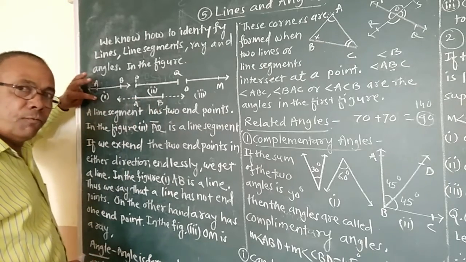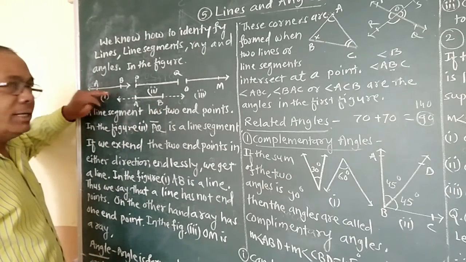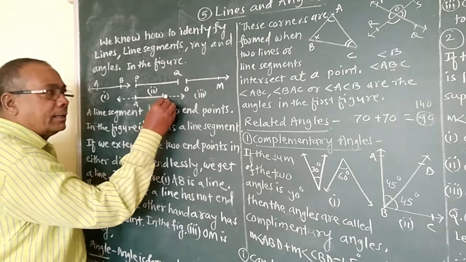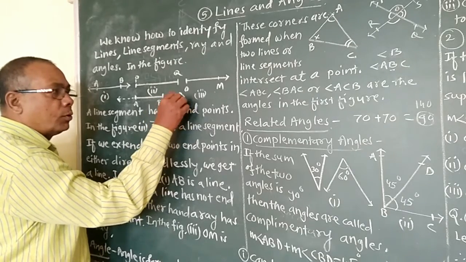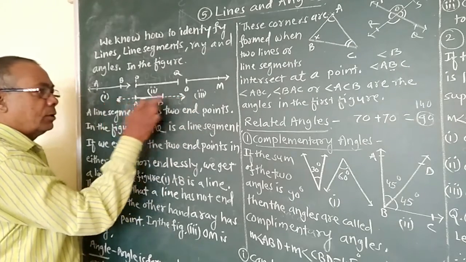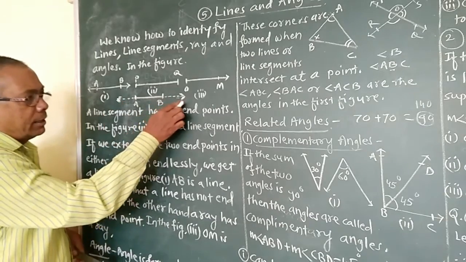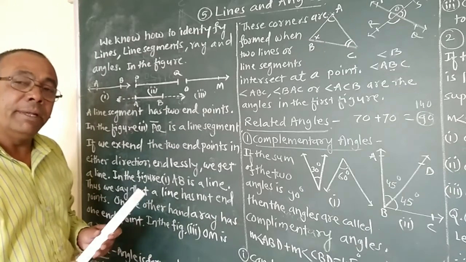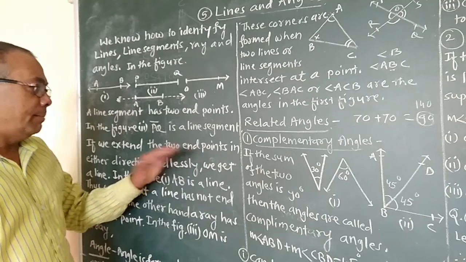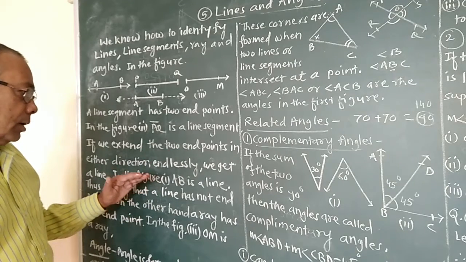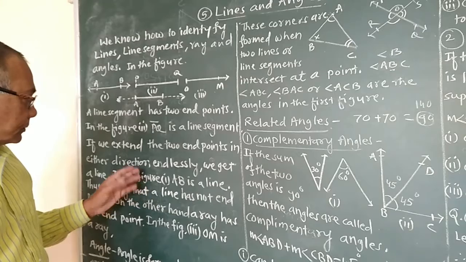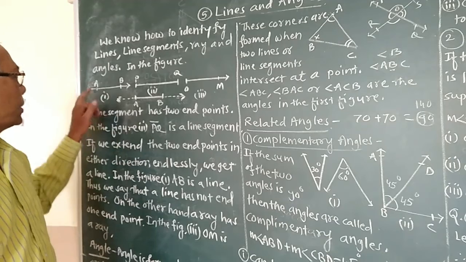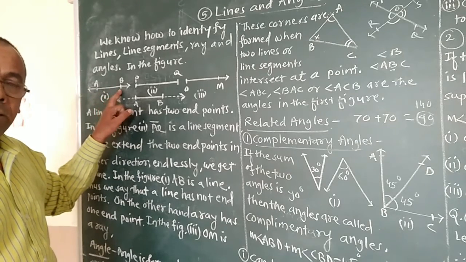Here in figure 1, line AB is shown with arrows at both ends. If arrows are there, it means both the ends are extended endlessly on both sides, and therefore AB is a line.